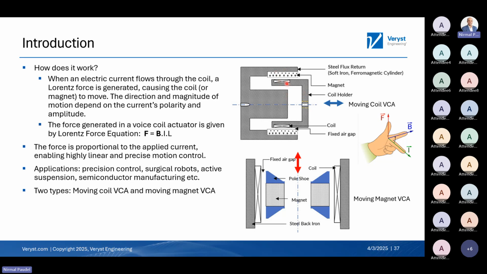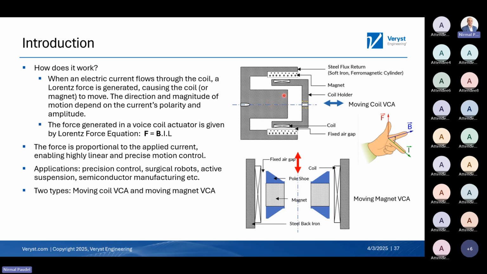When you turn on the coil, a force is exerted on it, towards the right-hand side. The force is determined by Fleming's left-hand rule: if the current is going into the plane and the magnetic flux density is going towards y, then the force is towards the right-hand side, in the positive x direction.